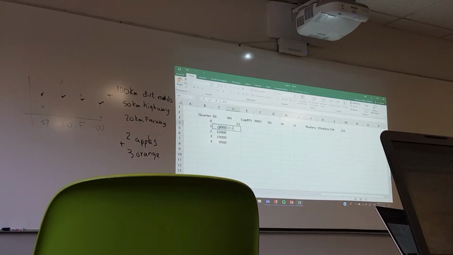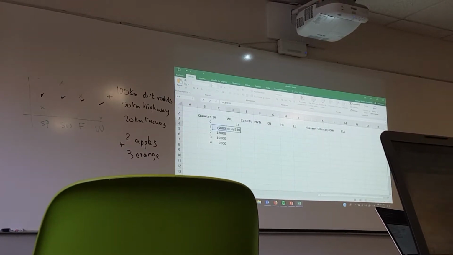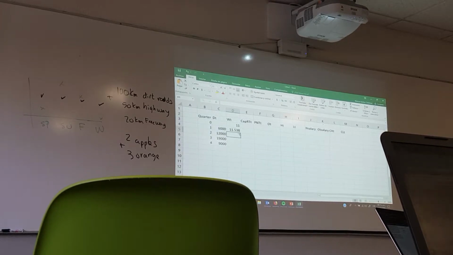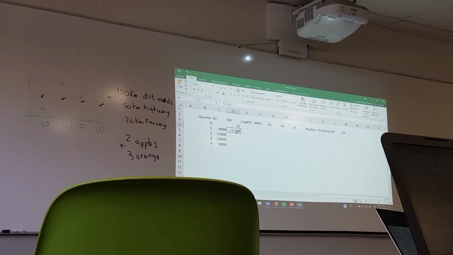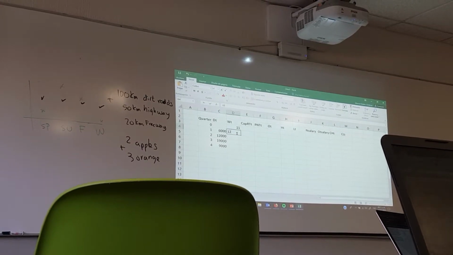The demand divided by the normal time capacity of 1 worker, which is 520 per quarter. So we need 11.5, and because we cannot have 11.5 workers, we're going to have 12. Now can you compute the rest of them and tell me the numbers?